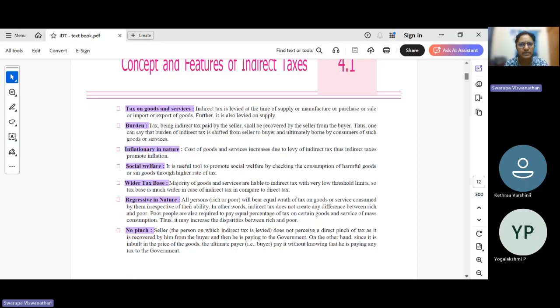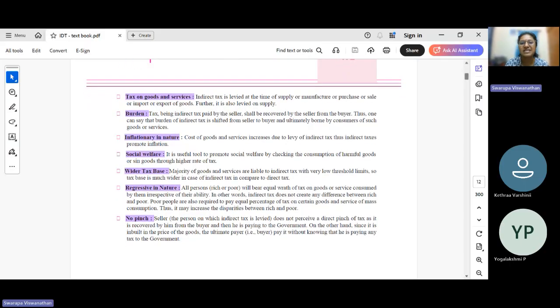It has a wider tax base because on almost every good and service that is being consumed in the country, you can have a tax rate. Regressive in nature, because irrespective of rich or poor, if you are purchasing a product, you will have to pay the tax rate that is attached to that product, irrespective of your income status. So that is why it is called regressive in nature.